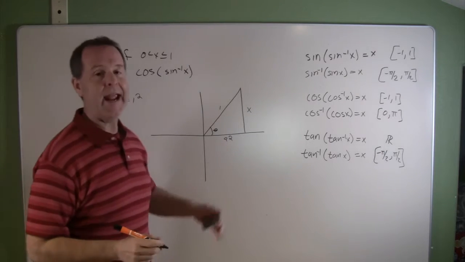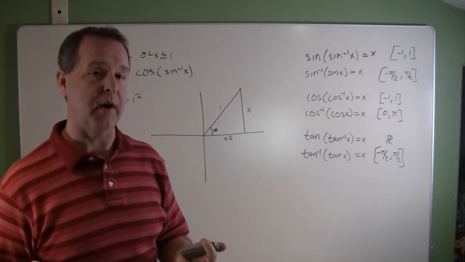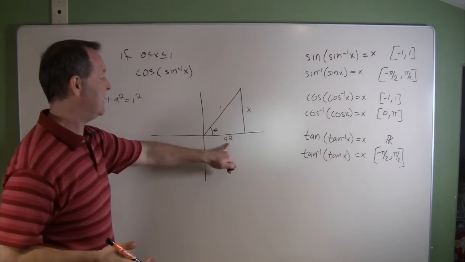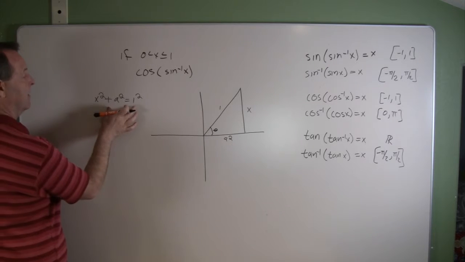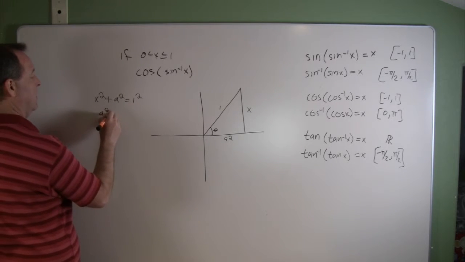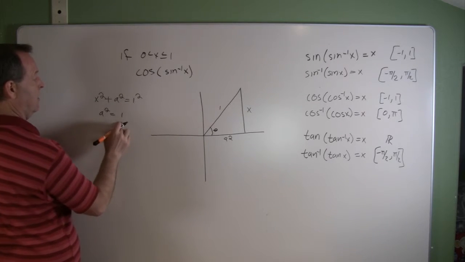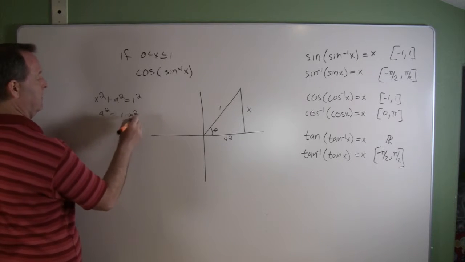I want to solve for a because I want this equation to be in terms of x, and I don't know what this is yet. So let's solve this for a. This becomes a squared equals 1 squared minus x squared.